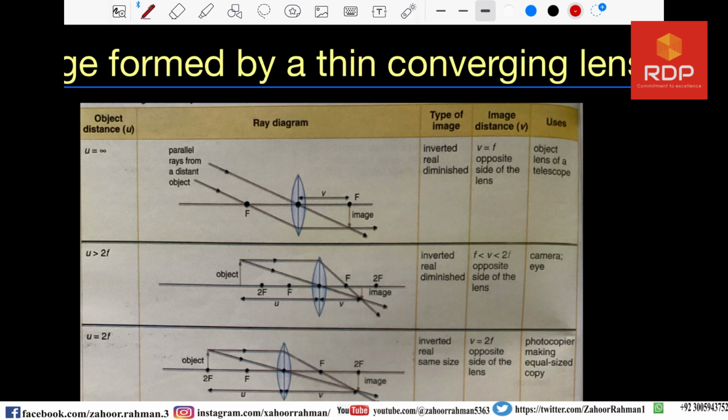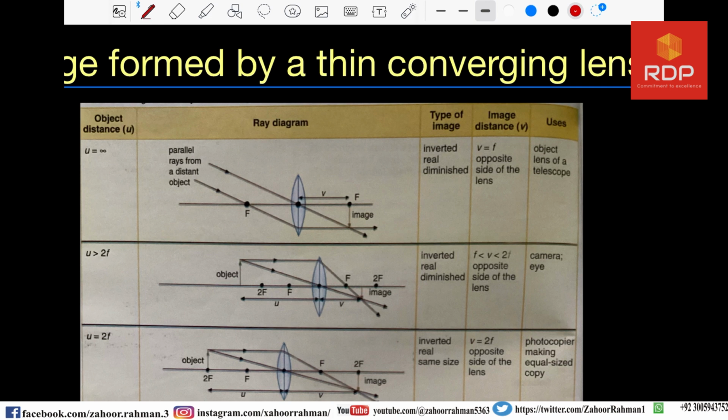Similarly, if we want to study the stars, we use this sort of lens, with the object at infinite distance.